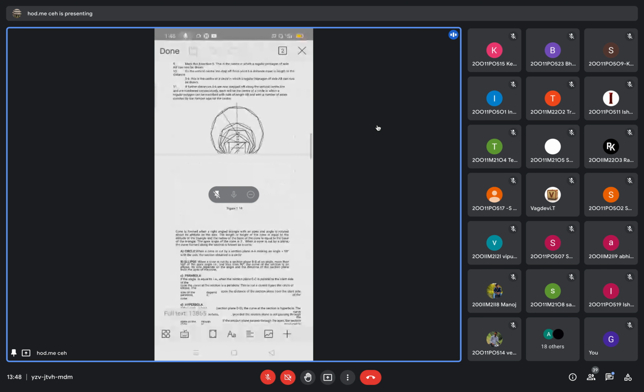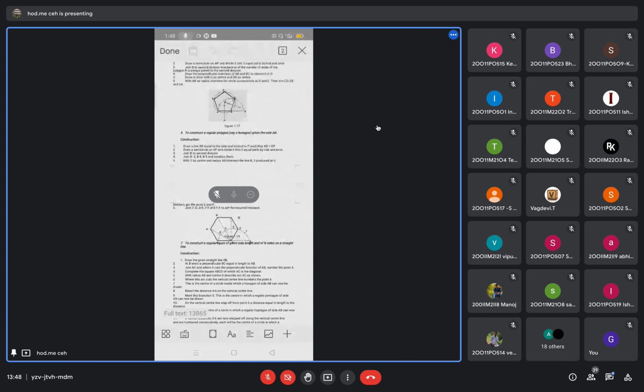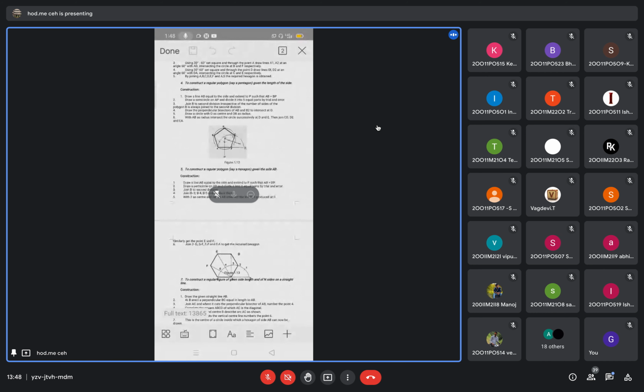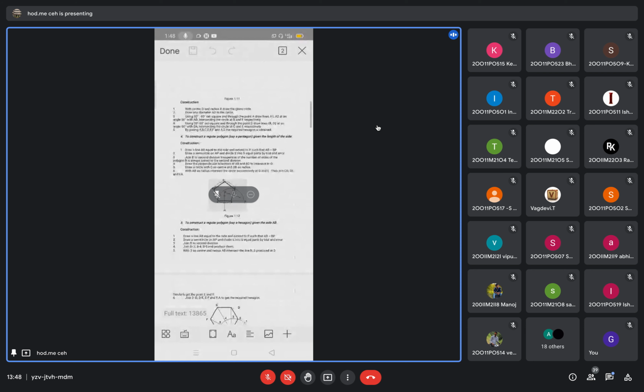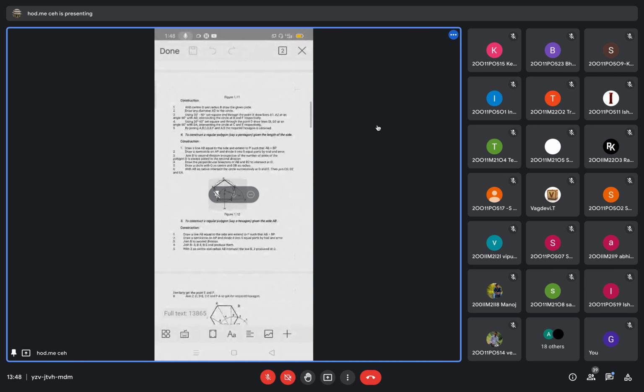Next one, the fifth problem. In the last class, the fourth was completed: the construction of a regular polygon, say the pentagon, given the length of the side.